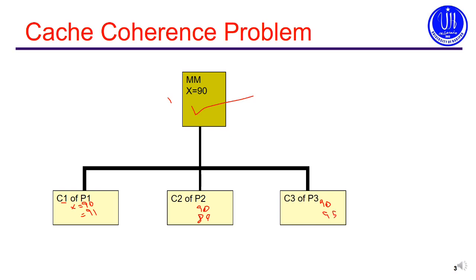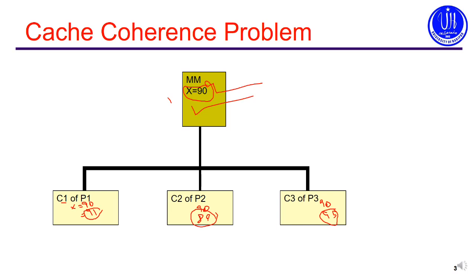So here the value x is 95, here it is 89, and here it is 91, while in the main memory the value is 90. Such a circumstance is called cache coherence problem. The data is inconsistent among the processors and the main memory.